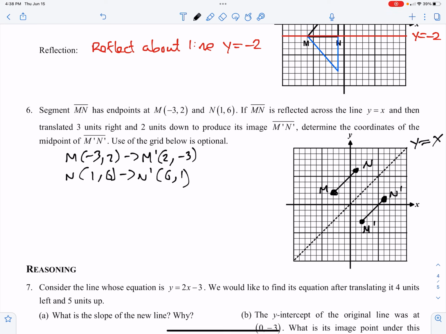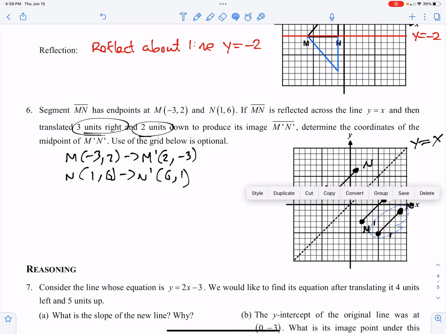But then it's translated 3 units to the right and 2 units down. So 3 units to the right, 1, 2, 3. Hold on, let me put it right there. I'm going to copy this. So I'm going to go 1, 2, 3 units to the right, and then I'm going to go 2 units down. 1, 2.